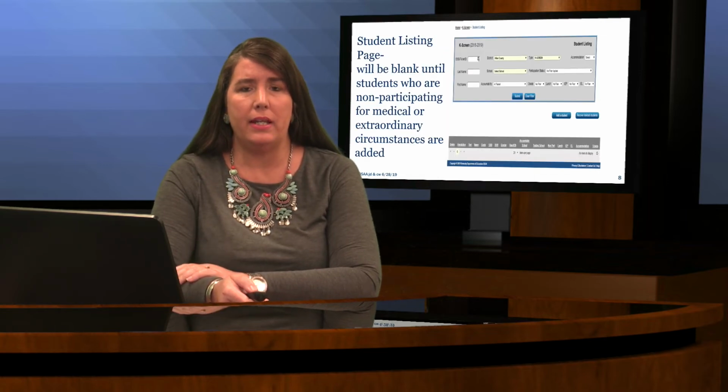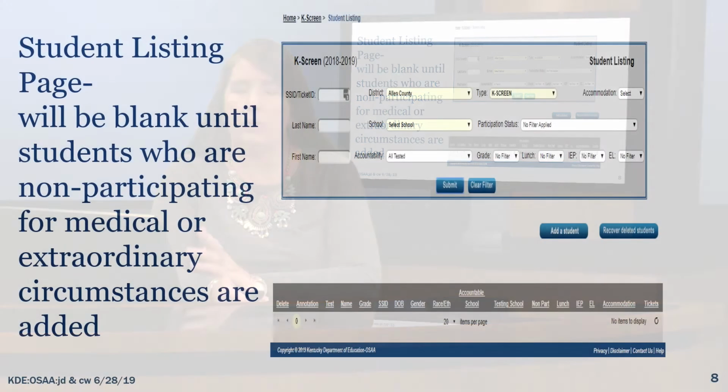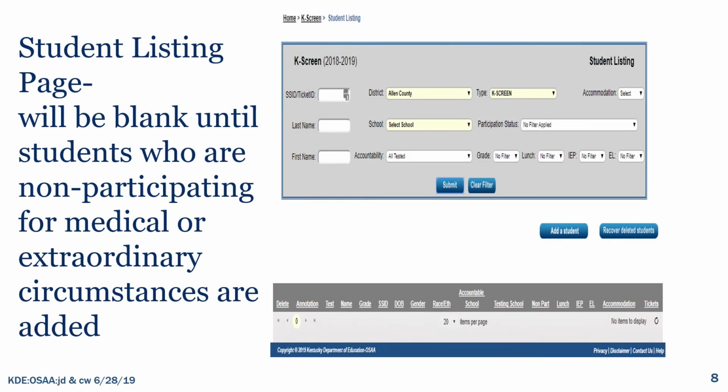Let's talk about what that's going to look like. When you go into SDRR, this is what the screen's going to look like. It's going to be blank for your student listings because it's not going to have any students pre-populated in there like we normally do for rosters or for data review.